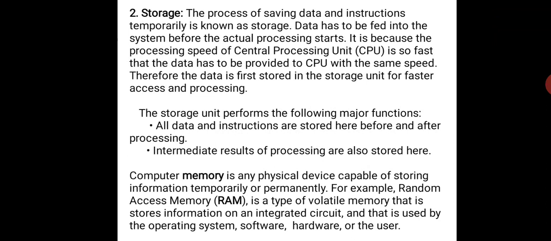Therefore, the data is first stored in the storage unit for faster access in processing. For example, memory is a physical device capable of storing information temporarily or permanently. For example, RAM and ROM are memory units.